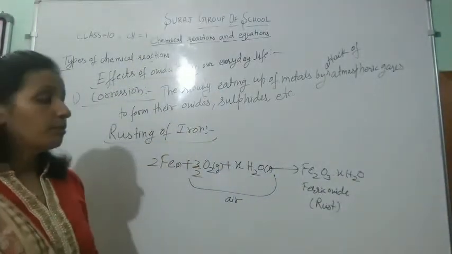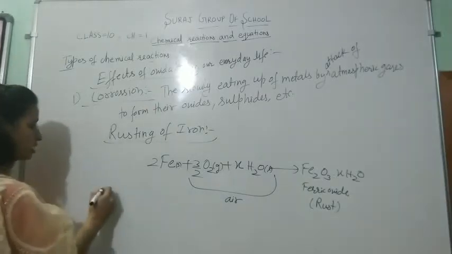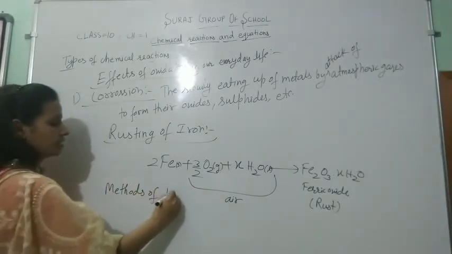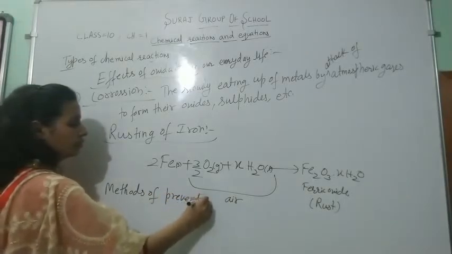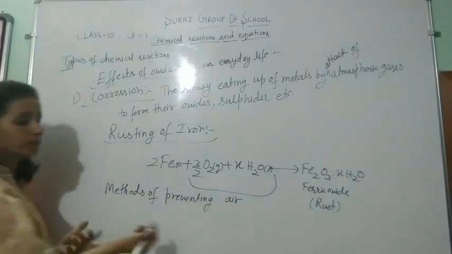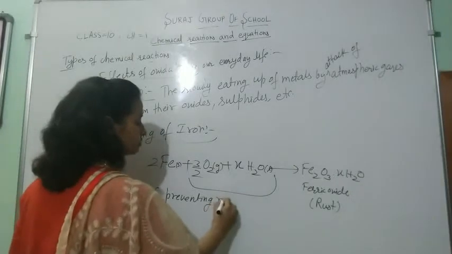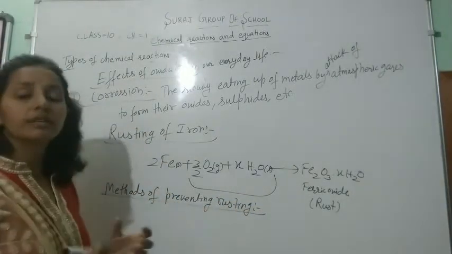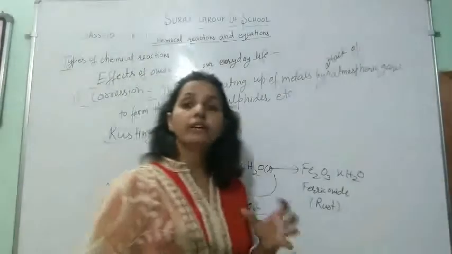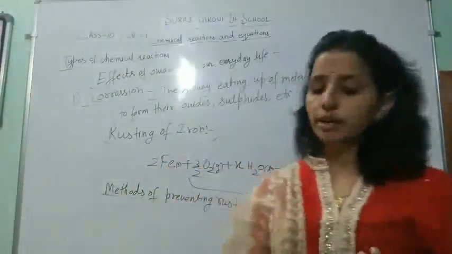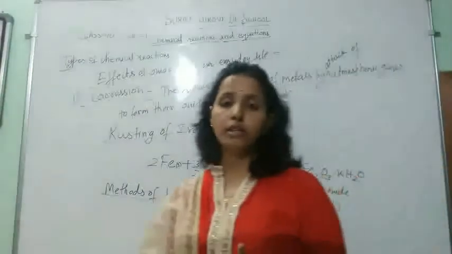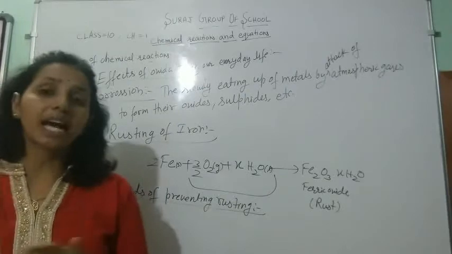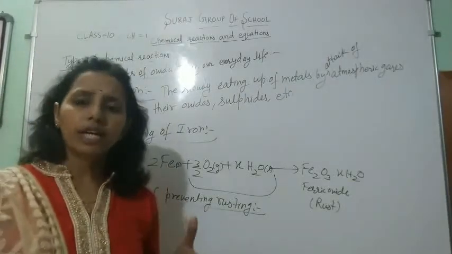Now the methods of preventing rusting. What are the methods which we use to prevent rust? These are by painting, by greasing, by oiling, by galvanization. What is galvanization?